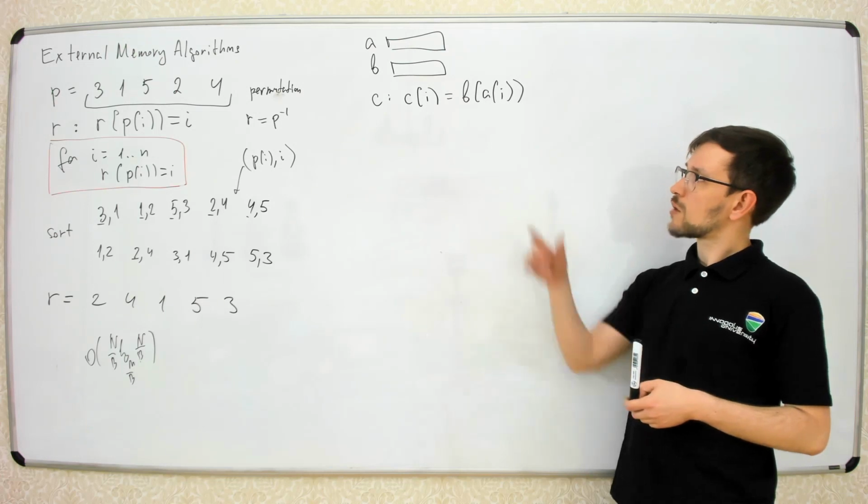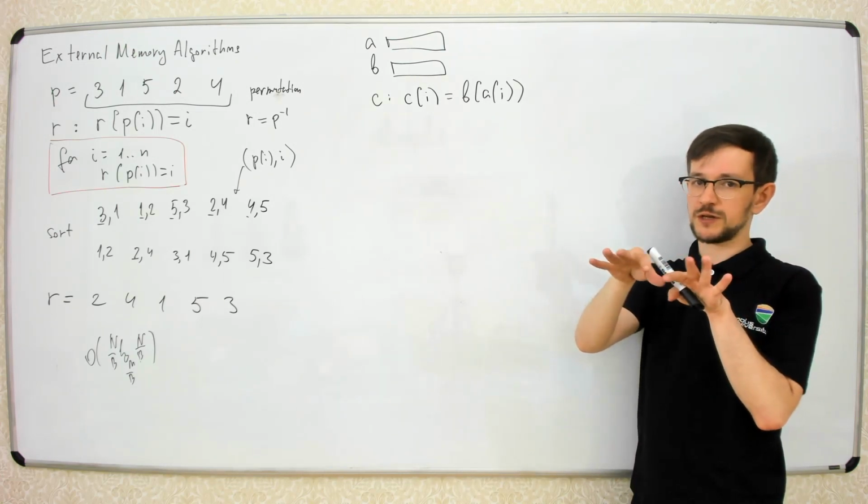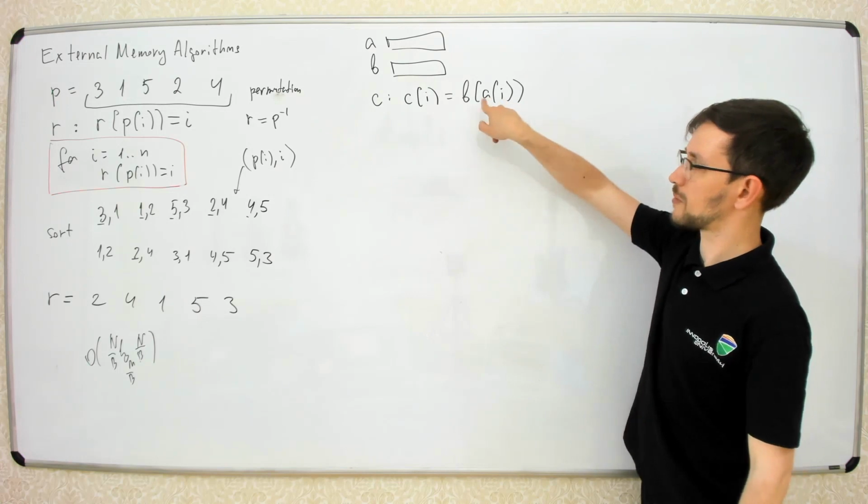I want to make just a combination of these two functions, right? So I want to apply function A and then apply function B, something like that.